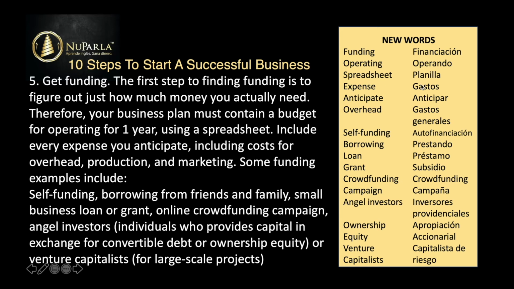Number six, perdón. Vamos aquí a decir las palabras. Funding, financiación. Operating, operando. Spreadsheet, planilla. Expense, gastos. Anticipate, anticipar. Overhead, gastos generales. Self-funding, autofinanciación.